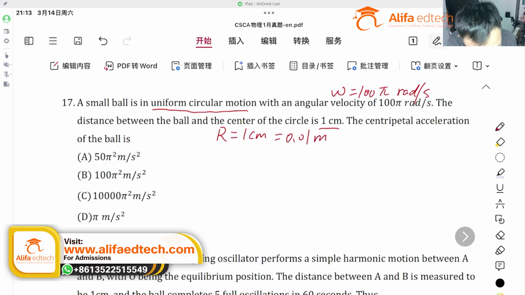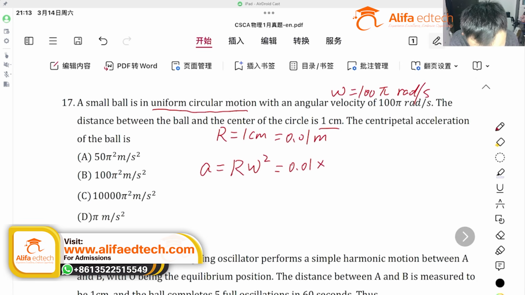So the centripetal acceleration, here centripetal acceleration is r omega squared. So it is 0.01 multiplied by 100 pi squared.